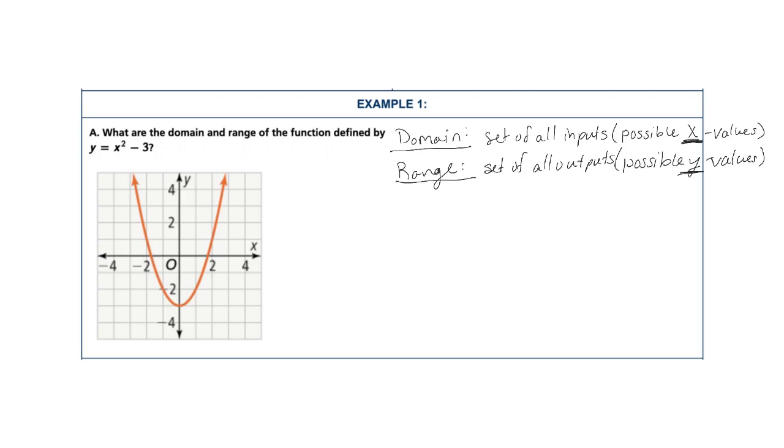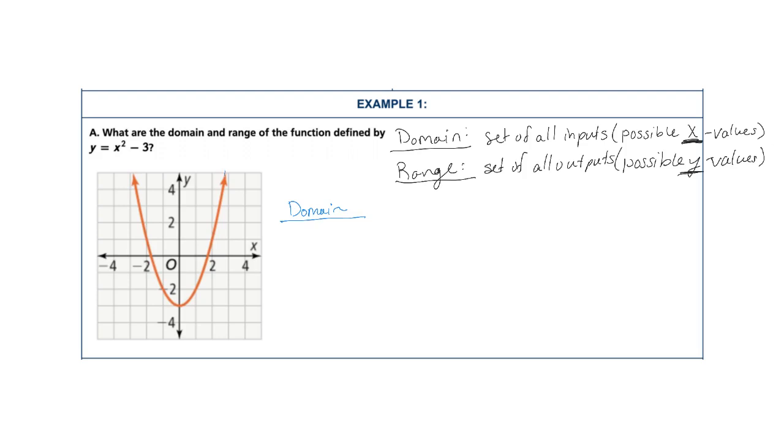Let's first find our domain. It's any x value, so you're looking for what x values can be on this graph.